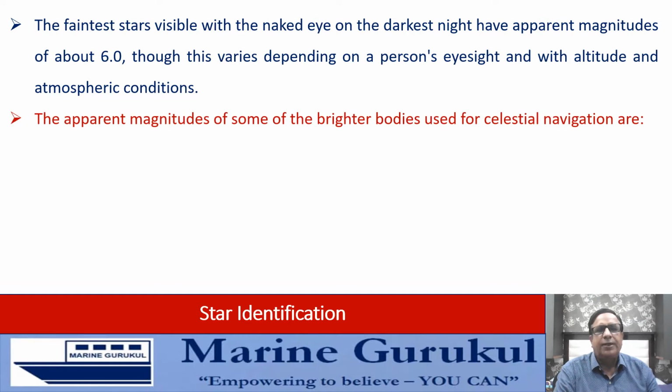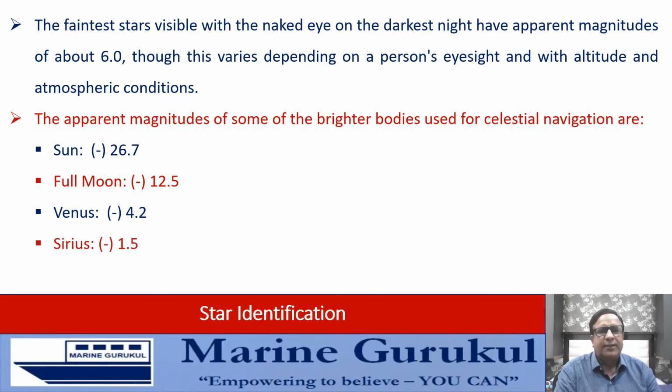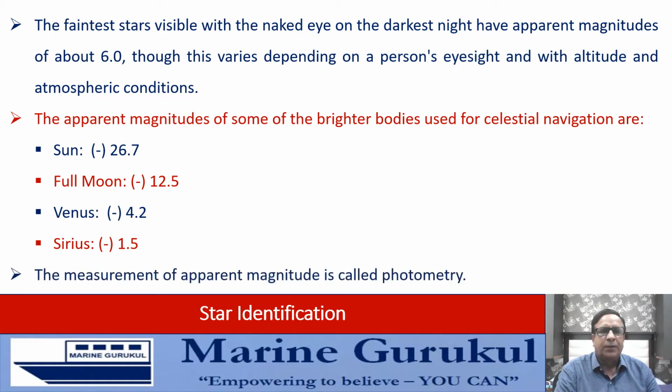The apparent magnitudes of some of the brighter bodies used for celestial navigation are Sun minus 26.7, Moon minus 12.5, Venus minus 4.2, and Sirius minus 1.5, showing that the brighter the object, the lesser is the apparent magnitude number assigned to it. The measurement of apparent magnitude is called photometry.